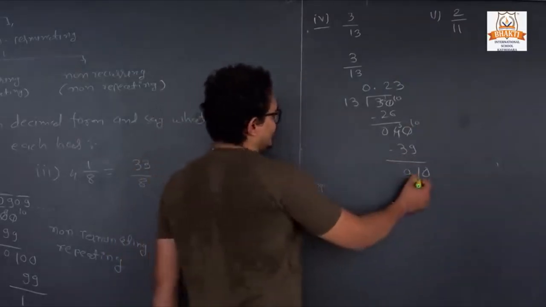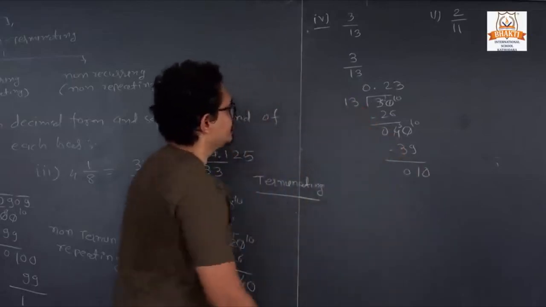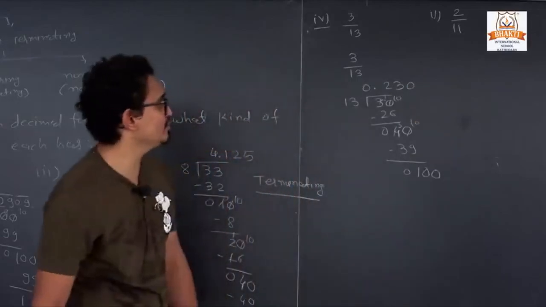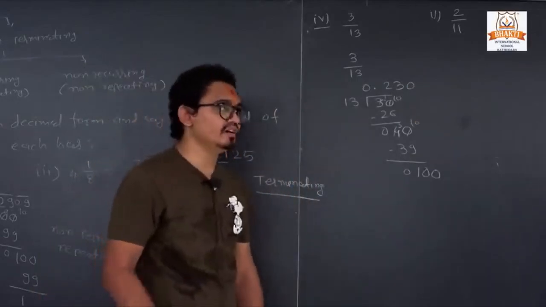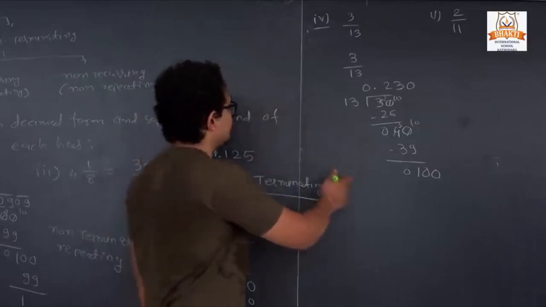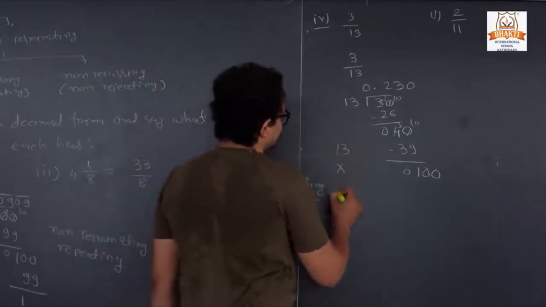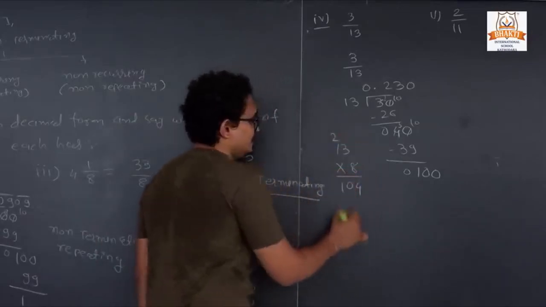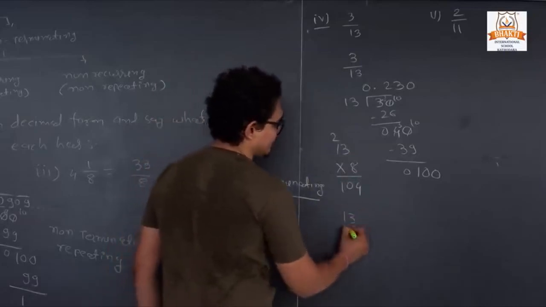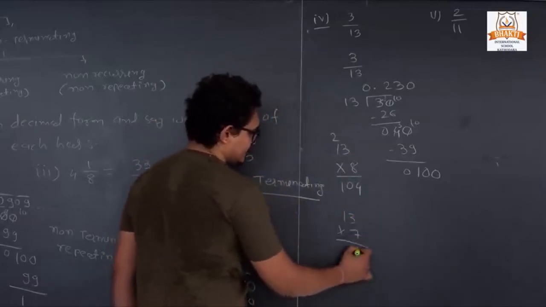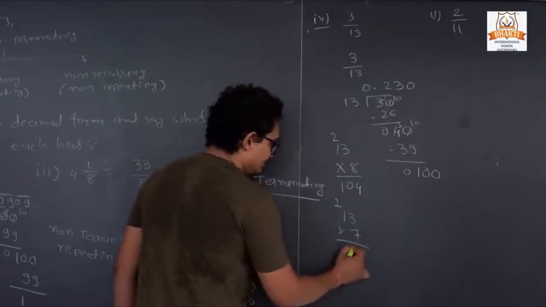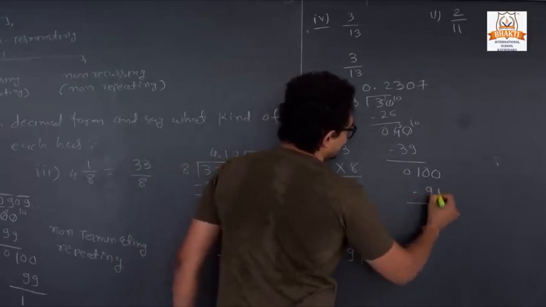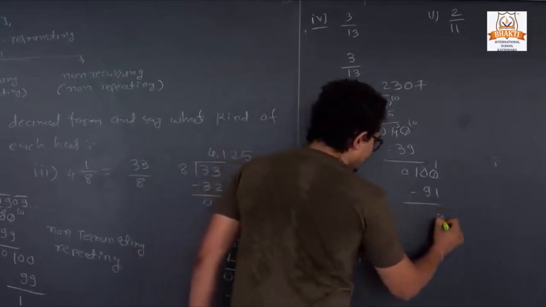Here we have a 10 and here we have a 13. Once again we put 0. Now 13 8s are 104. Then 13 7s are 91, so here we get 9 as our remainder.